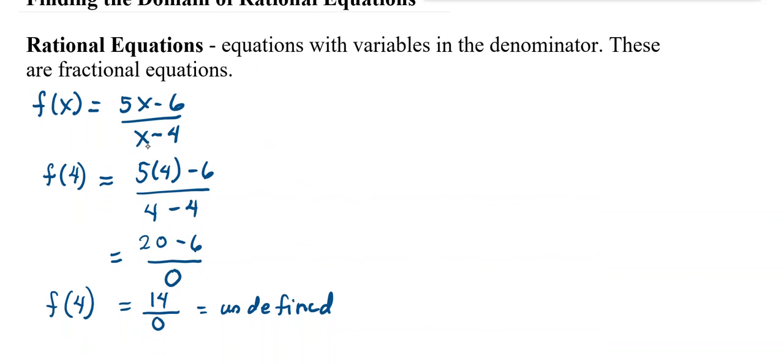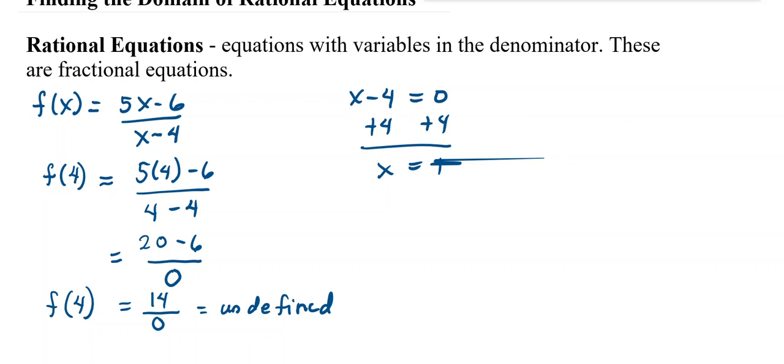So now, how do we know that we're going to have an undefined value at x is equal to 4? You pretty much can solve your denominator. Because your denominator is x minus 4, you equate that to 0, and so plus 4 to solve for x, we get x is equal to 4. So I know that when x is equal to 4, it's going to be undefined.